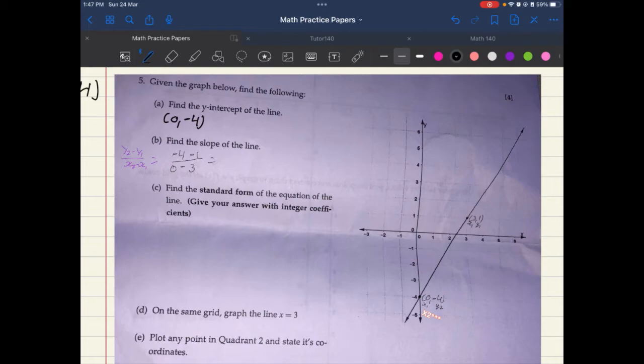So we have negative 5 over negative 3, and negative divided by negative is a positive, so it's just 5 over 3. Okay? And we could check.